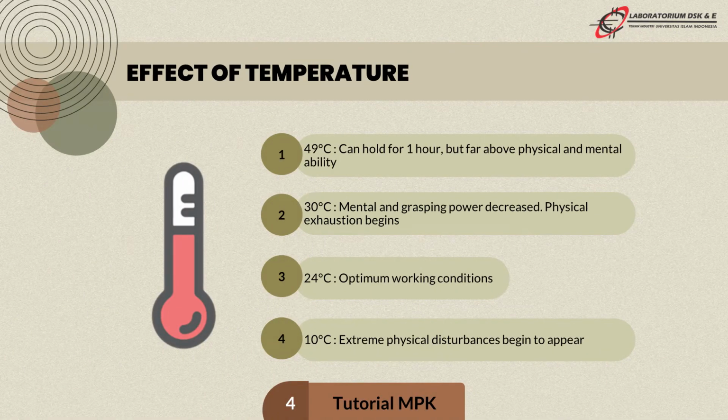Actually, each level of temperature has a different effect on human performance. First is 49 degrees Celsius. This temperature can be endured for about 1 hour, but physical and mental abilities fall far below normal. At 33 degrees Celsius, mental activity and comprehension begin to decline and people tend to make mistakes at work and suffer physical fatigue.